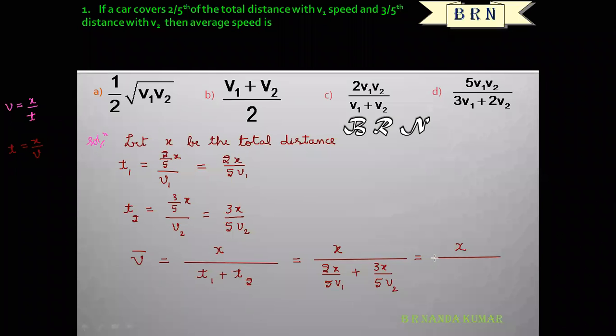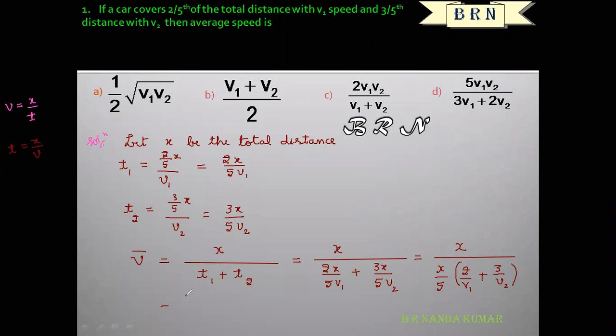Take x divided by 5 as common. The remaining is 2 divided by V1 plus 3 divided by V2.